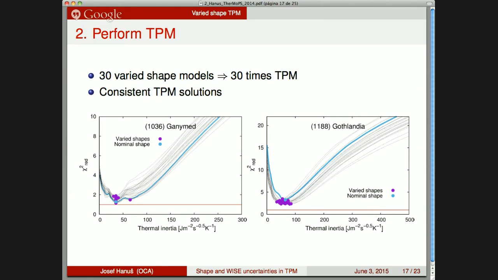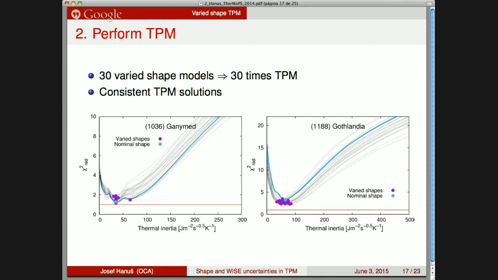But there are also cases where you get very different quality of the fits. So the best solution with one of the varied shape models can have a chi-square of 15, but on the other hand, it's almost 1.